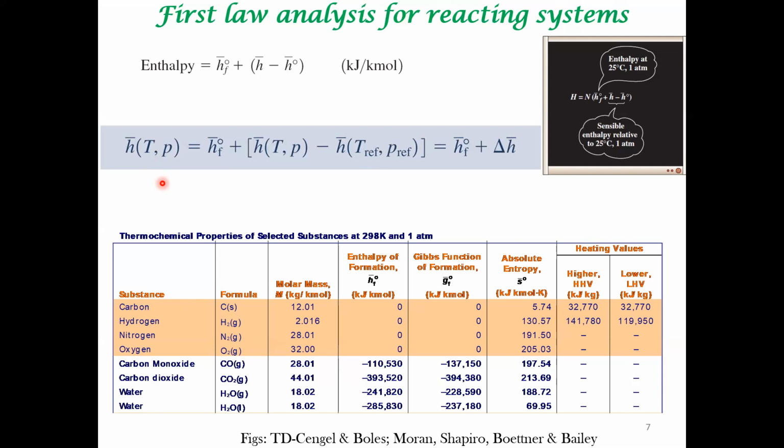For doing that, you take this quantity, and then this quantity refers to gas phase water, that will be water vapor. So the difference between this quantity and this quantity is the standard enthalpy of vaporization.